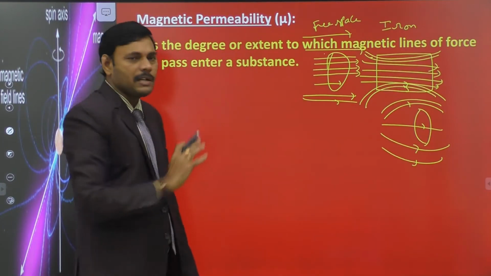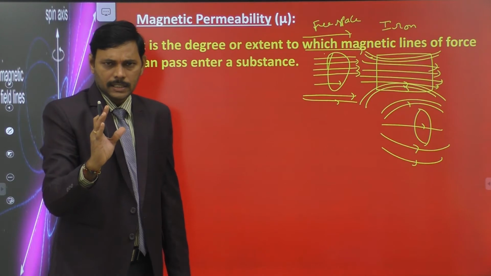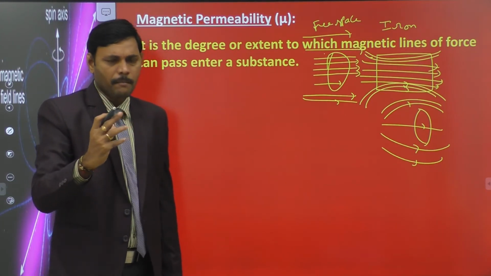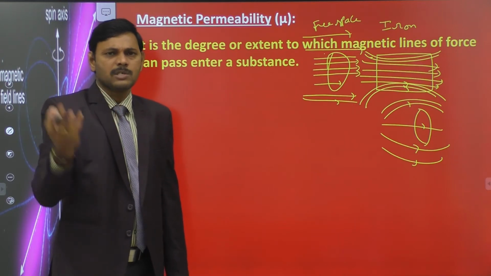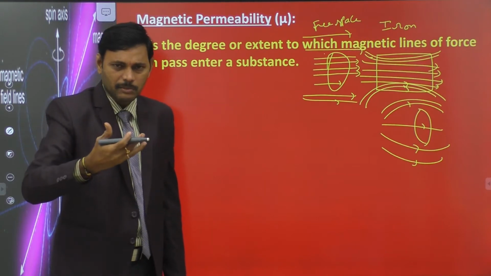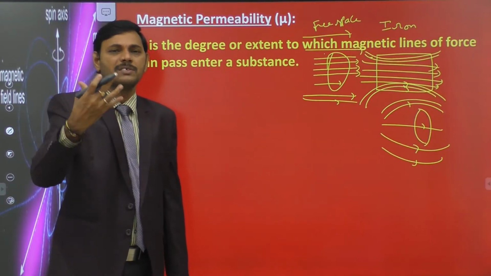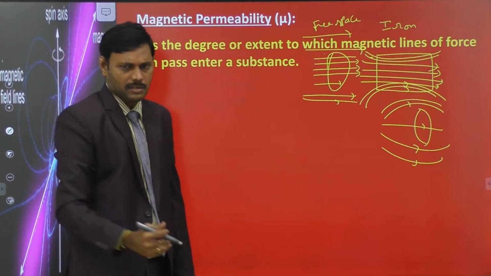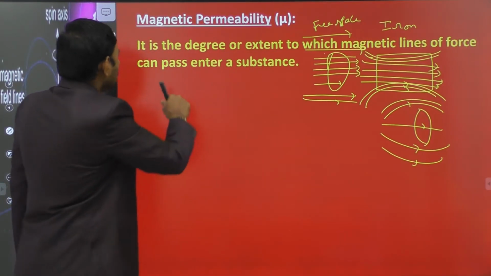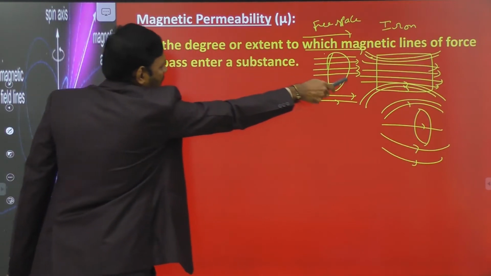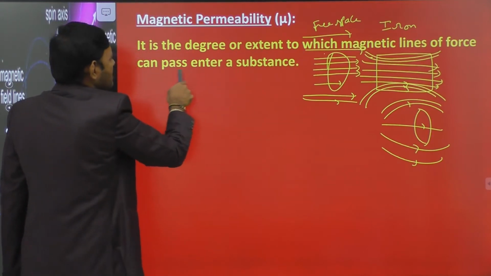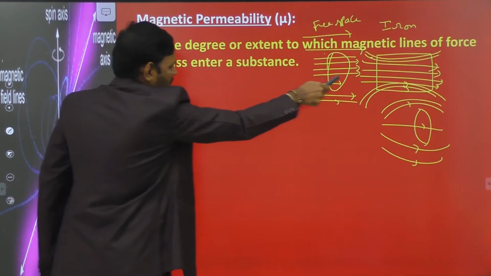So from this explanation, we come to an idea that the number of magnetic lines passing through a given area or region also depends upon the nature of the medium. As the nature of the medium changes, the number of magnetic field lines passing through it also changes. That is the meaning of that explanation. So the magnetic permeability of a medium is the degree or extent to which magnetic lines of force can pass through or enter a substance.